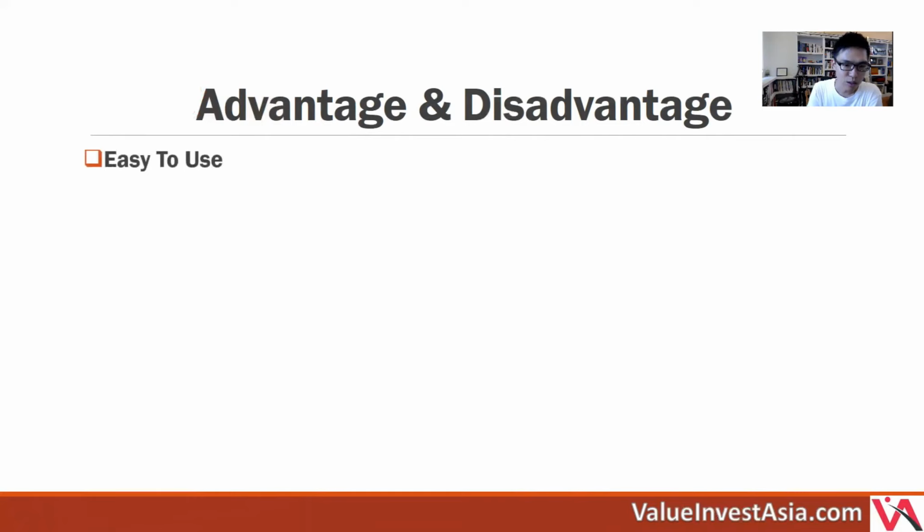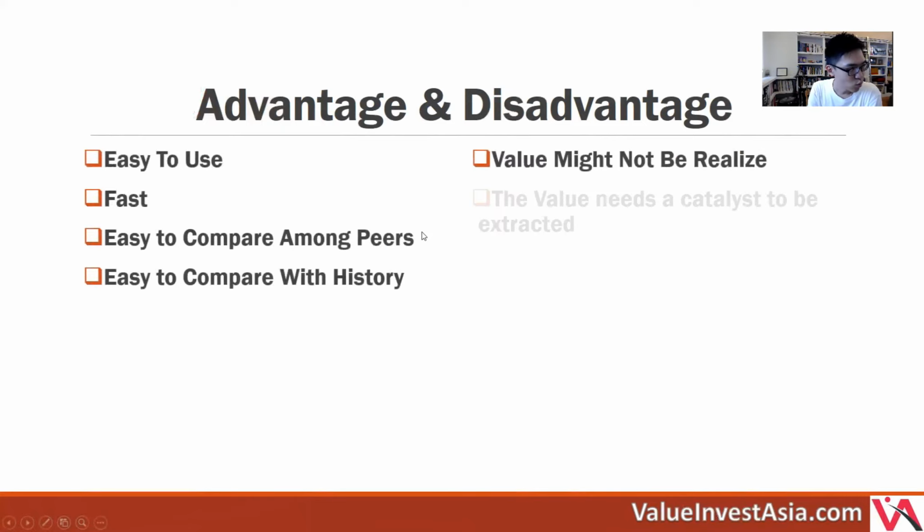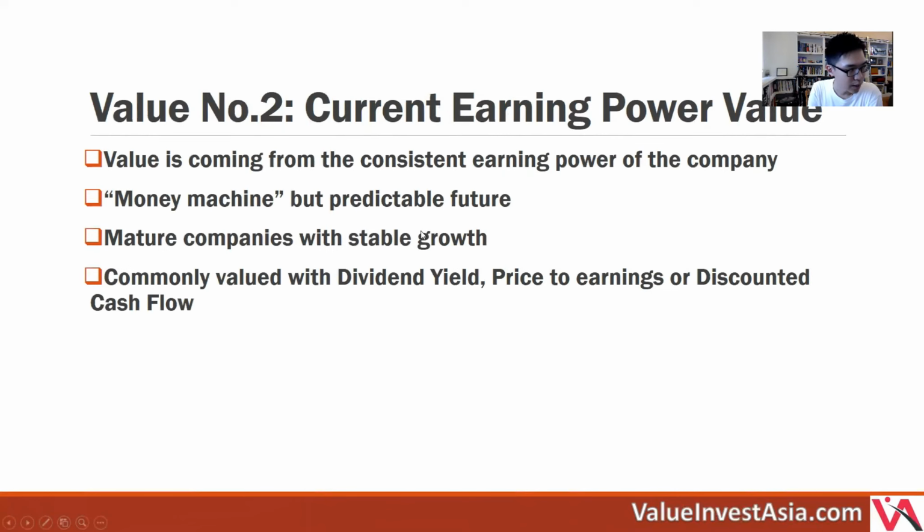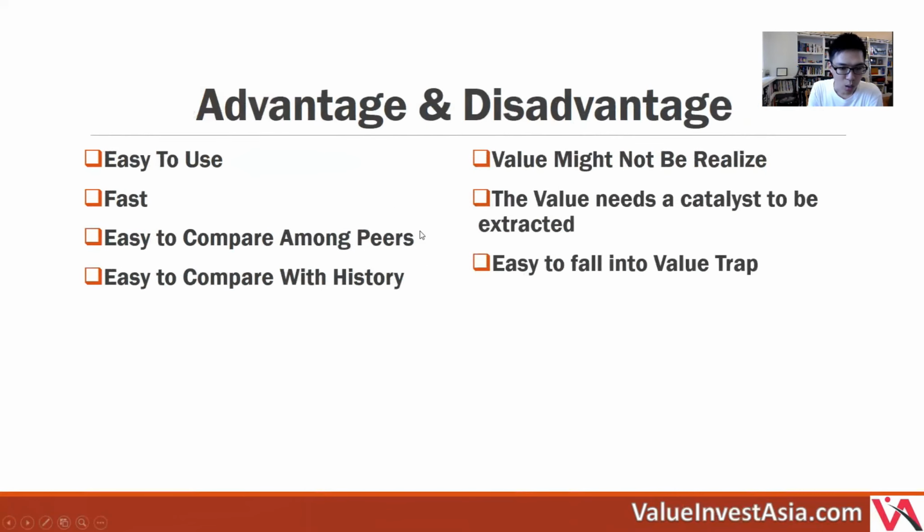There are pros and cons in using this asset value segment. Some of the things we have to take note of: it is really easy to use once you have the story of the company. It's easy to value them in the next step.